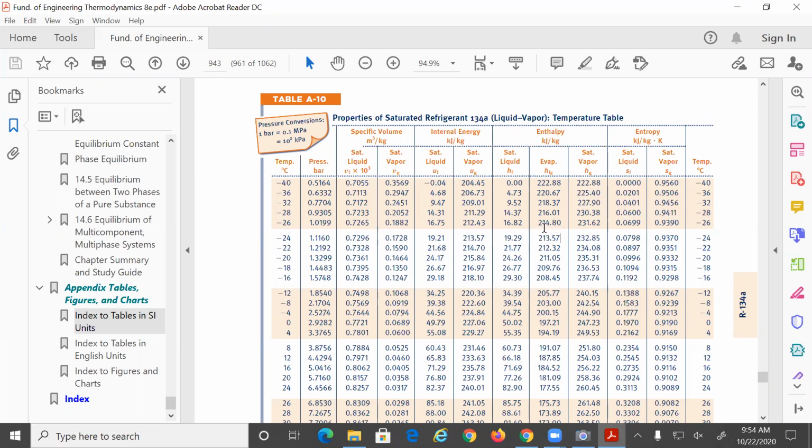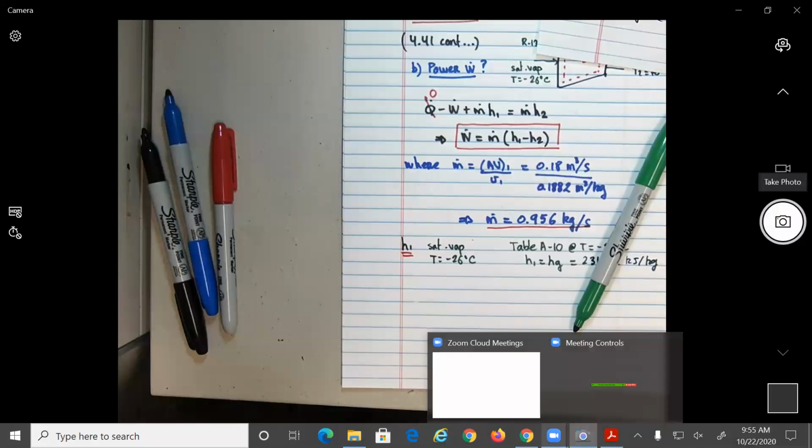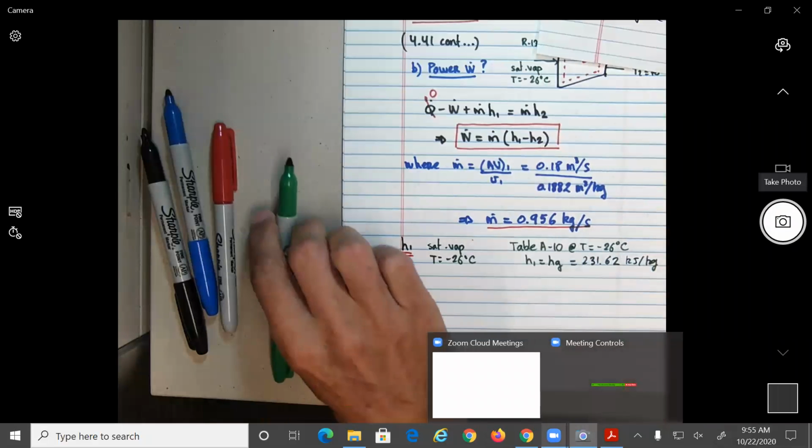Yeah, so 214, no, this is HFG, so this will be 231.62, and this should be kilojoules per kilogram. All right, so that's what I put over here.